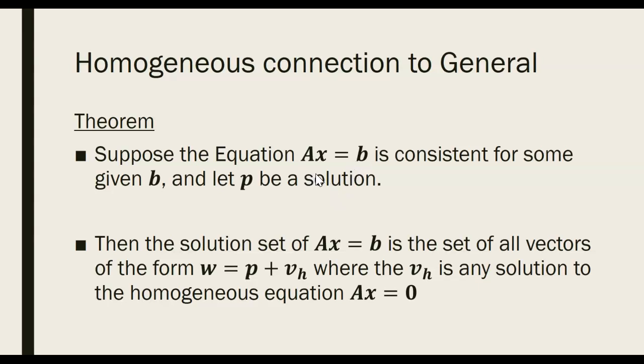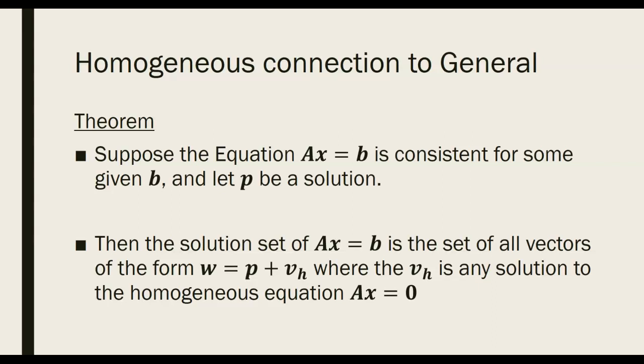Now, what are all the solutions going to look like? Well, all of the solutions are going to look like that P plus what we call VH, where VH are the solutions to the homogeneous equation. So that's how we state that formally.